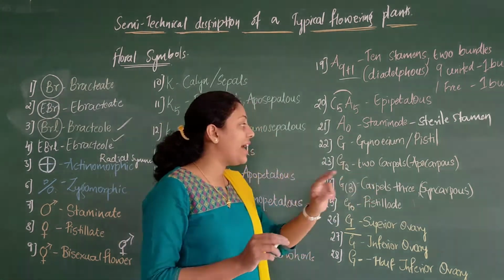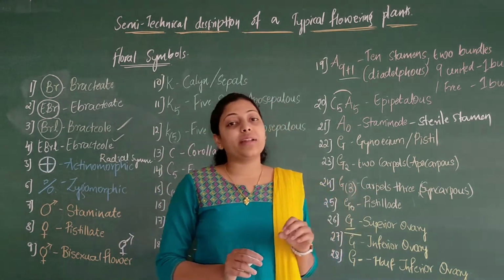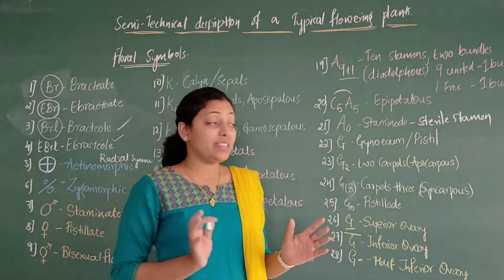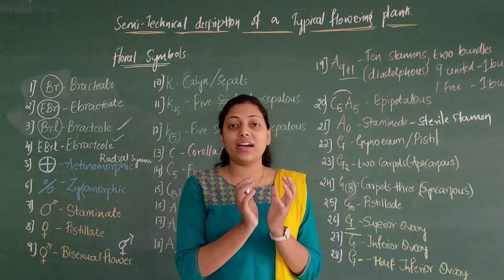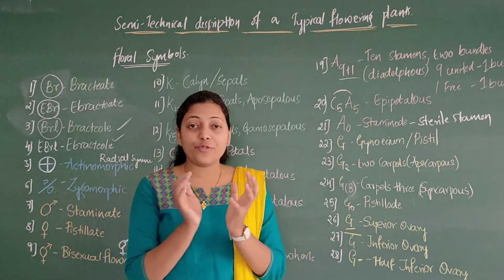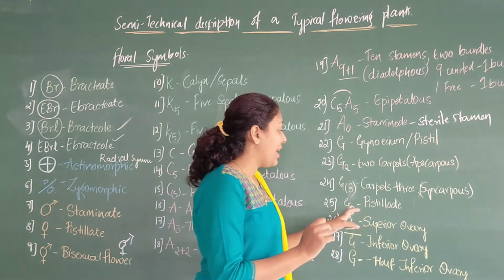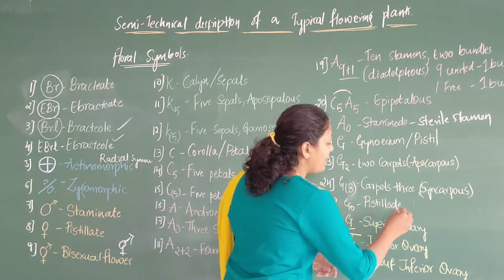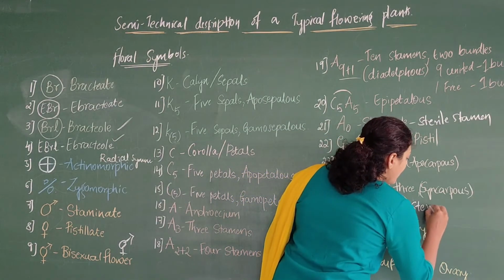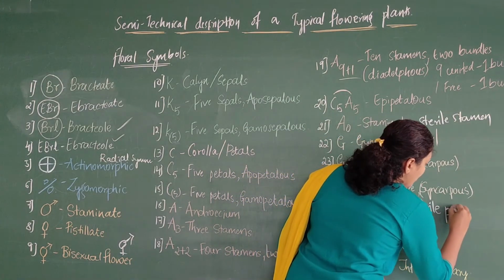G2 is two carpels, and those are apocarpous, where carpels are free. Syncarpous means that carpels are united, forming a united arrangement with each other. And then G0 is pistillode, which means a sterile pistil.